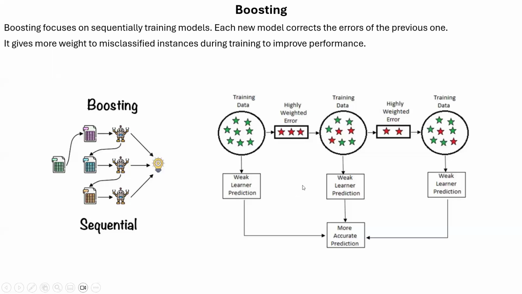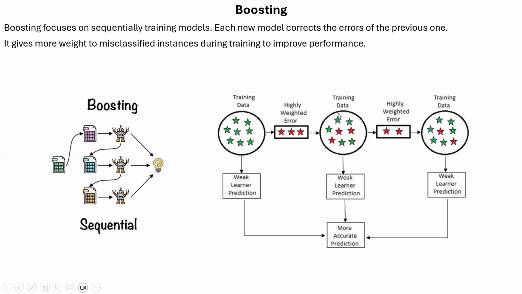It comes up with some prediction, right? It might have made some wrong classifications. Those records which are wrongly classified will be given higher weightage in the next iteration. Whichever records are wrongly classified, they will be given high weightage in the second iteration.